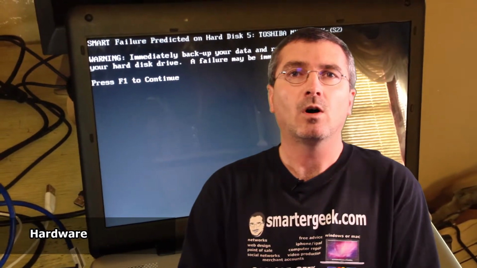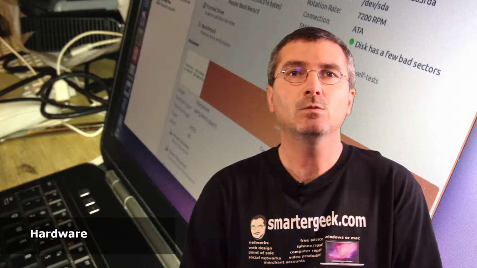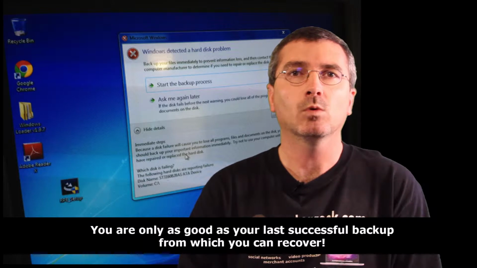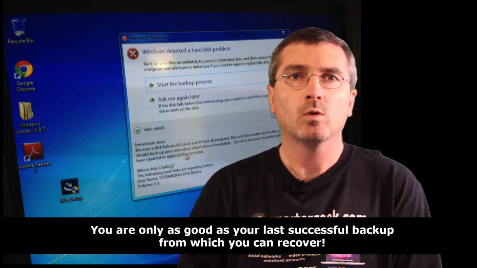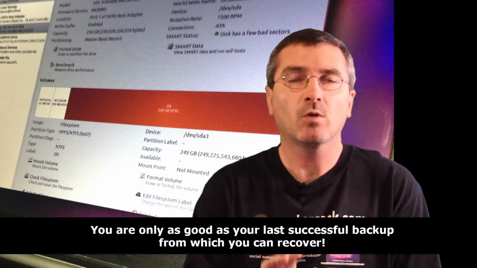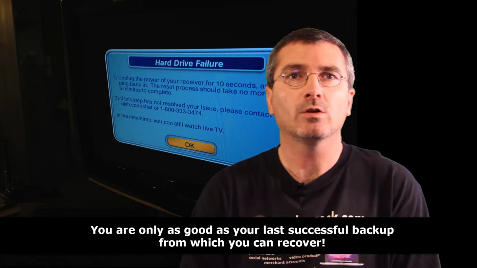Failing hard drives are becoming more and more frequent, so I cannot stress enough that you need to back up your data, always. The question is not if your hard drive will fail, but when it will fail. My rule number one with computers is you're only as good as your last successful backup from which you can recover.